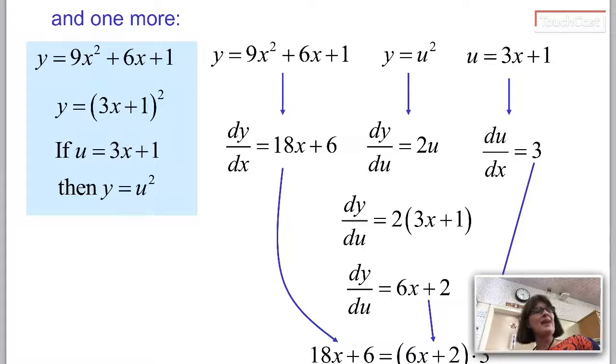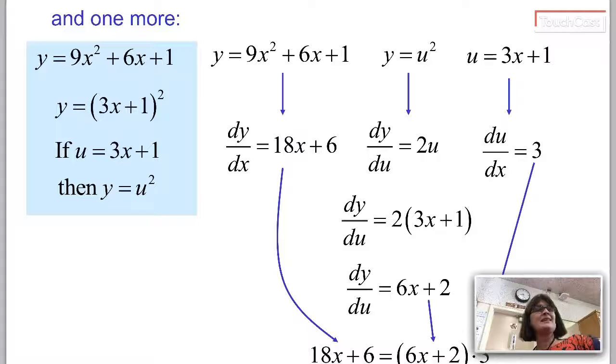So I could think of y as a composite function. It could be the function 3x plus 1, then getting squared. You probably never had to before today, but you could think of u as being 3x plus 1, and then y would be u squared.